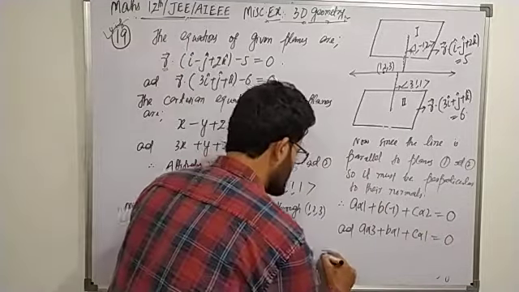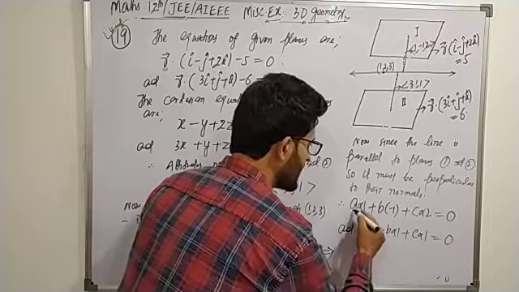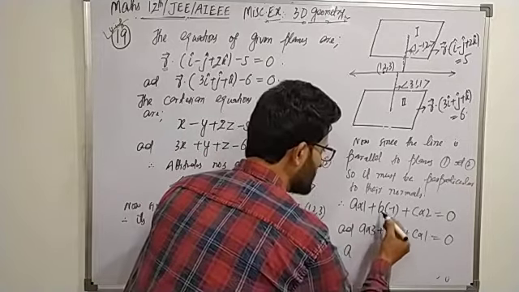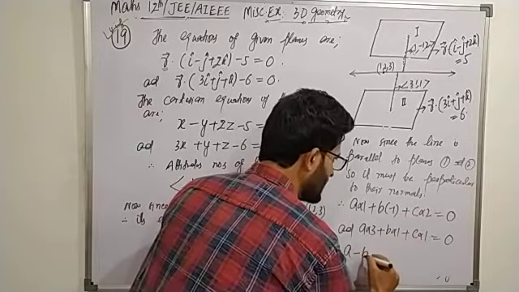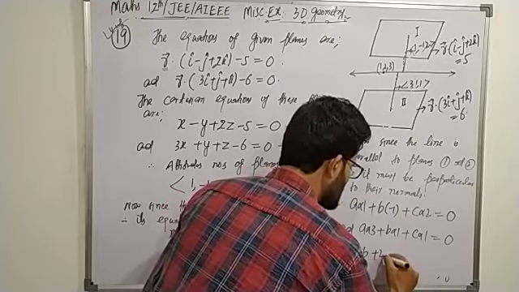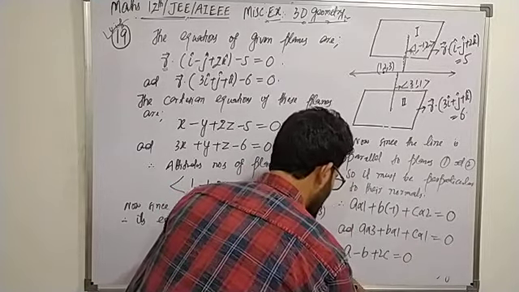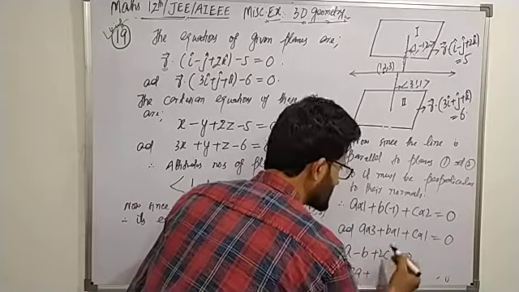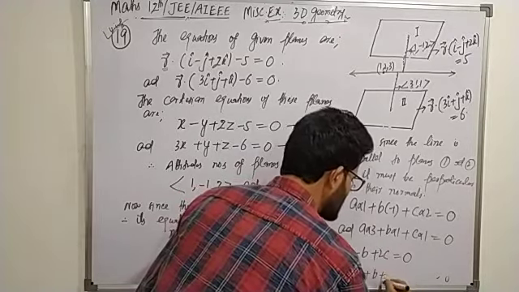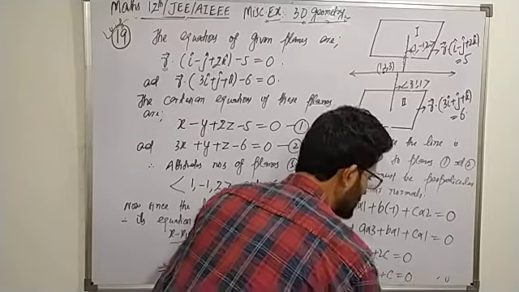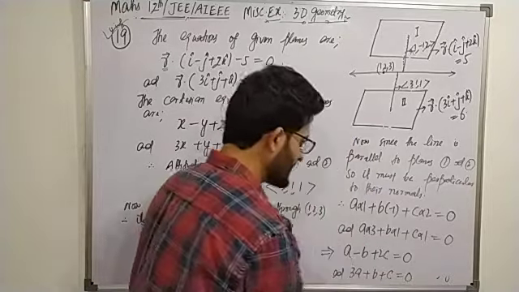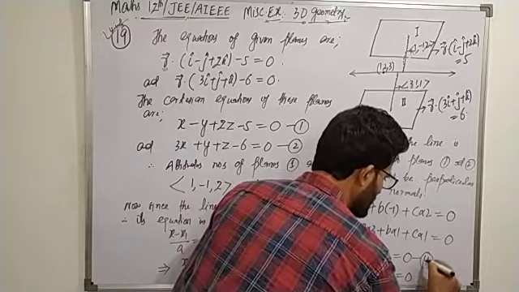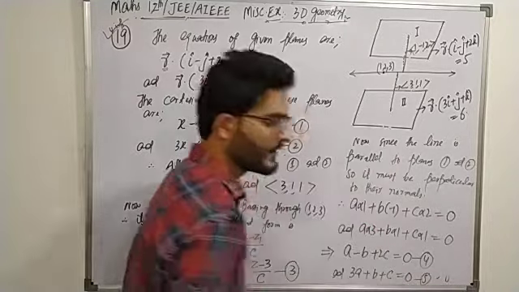This can be written as a into 1, that's a, b into -1, that's minus b, c into 2, that is plus 2c, must be equal to 0, and a into 3, that is 3a, plus b into 1, that's b, plus c into 1, that's c, and that must be equal to 0. We are keeping that as equation number 4 and this one as equation number 5.